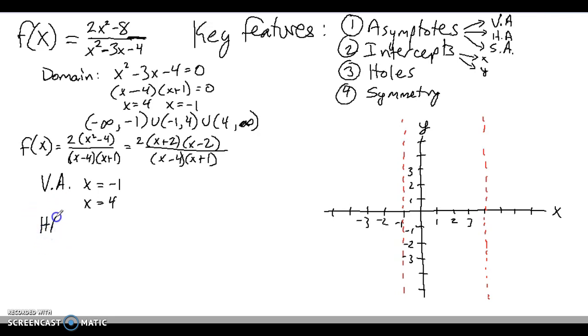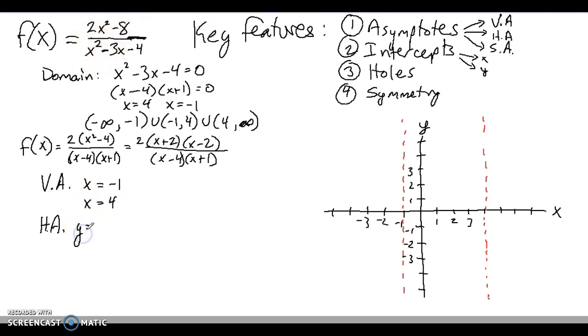Horizontal asymptotes. We find those simply by looking at the degree of the numerator and the degree of the denominator. So those are probably easier to look all the way back up here. In this case, we've got a degree 2 polynomial up top and a degree 2 polynomial on the bottom.